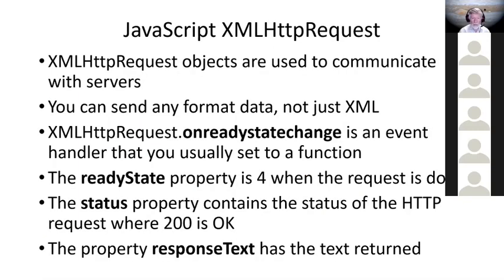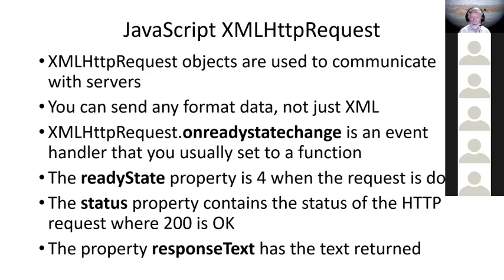Another aspect of JavaScript that's very important for web security and for asynchronous updates is the JavaScript object XMLHttpRequest. It is an object frequently used to communicate in JavaScript with your server. Now, the name is XMLHttpRequest, but in fact, you can send any kind of data you want to. And most of the time, it's sending JSON formatted data.